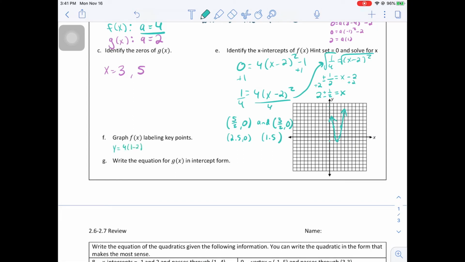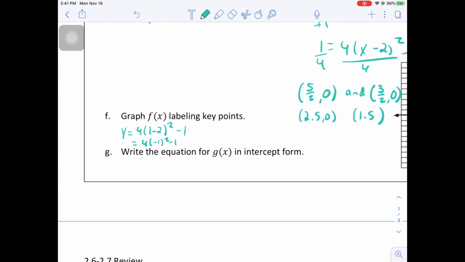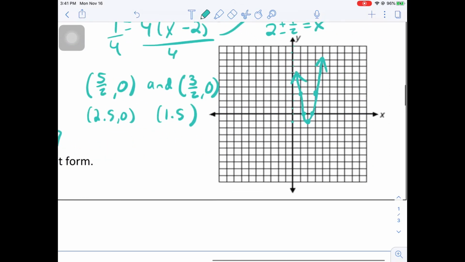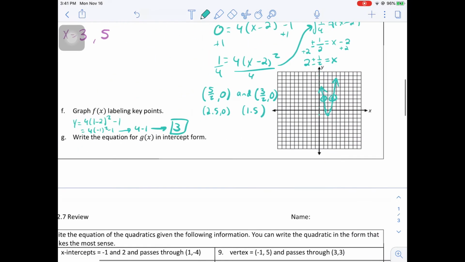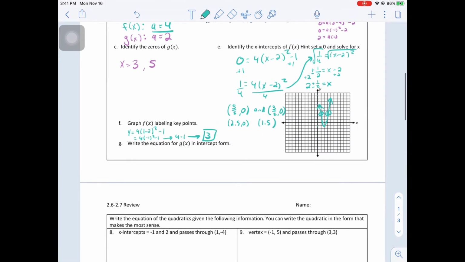If you don't understand that, y equals 4 times (1 minus 2) squared minus 1. So that gives us 4 times negative 1 squared minus 1. So that would give us 4 minus 1, which then becomes positive 3, right? So then we plot that.